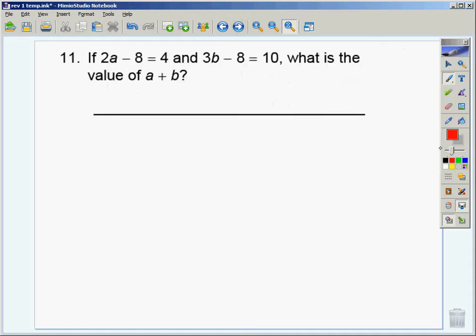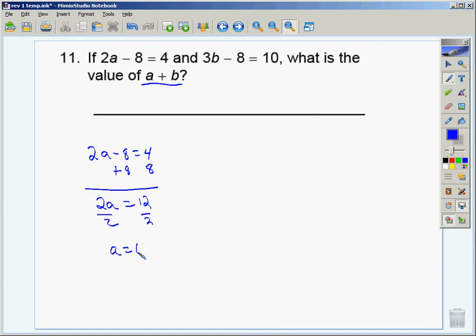On number 11, you actually had to solve both of these equations to do this piece. So you had 2a minus 8 equals 4. To solve it, you'd start by adding 8, which would have given me 2a equals 12. And I'd have divided both sides by 2.